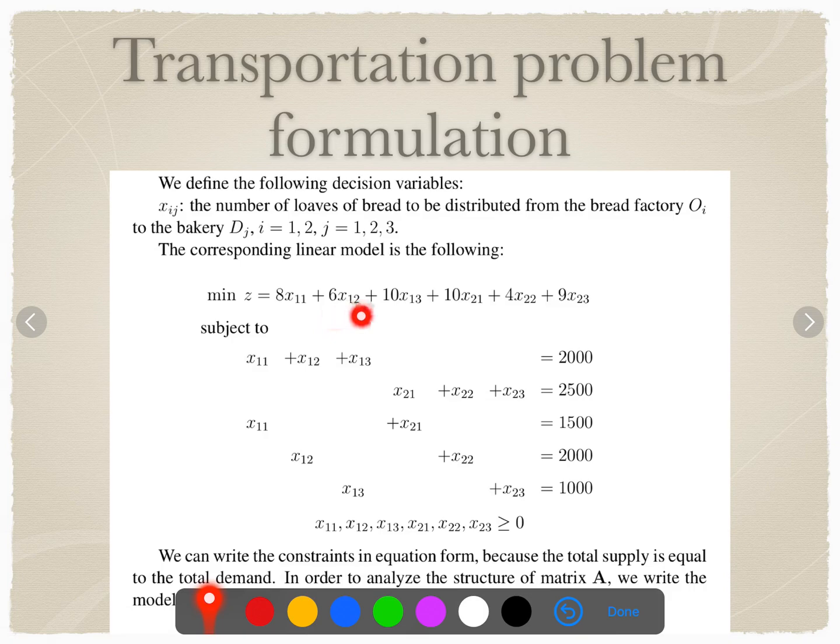Similarly, 6 is the transportation cost from first to second, and so on.